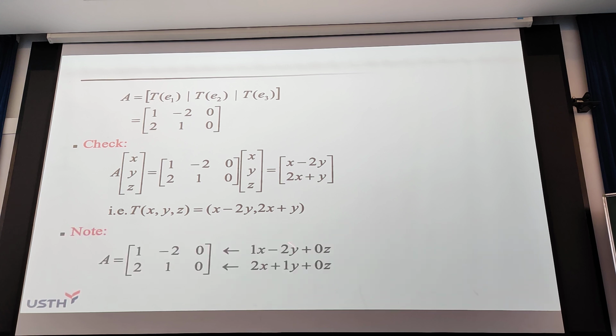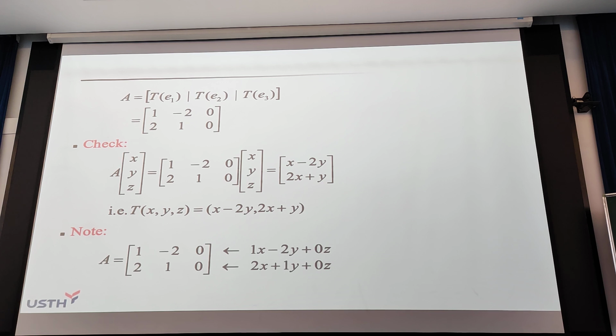And the last thing here I want to tell you is a practical rule to find the standard matrix. By definition, in order to find the standard matrix, you need to calculate T of e1, T of e2, ..., T of en. Then you need to write the columns side by side.